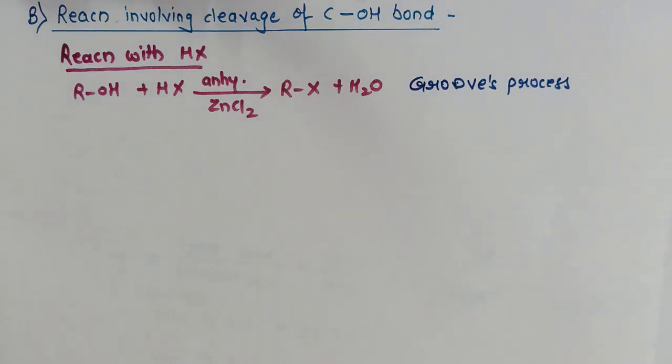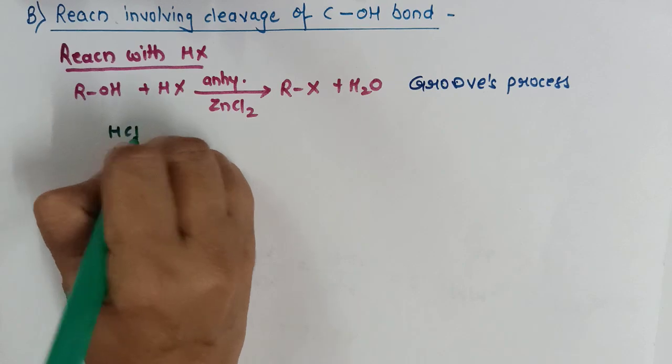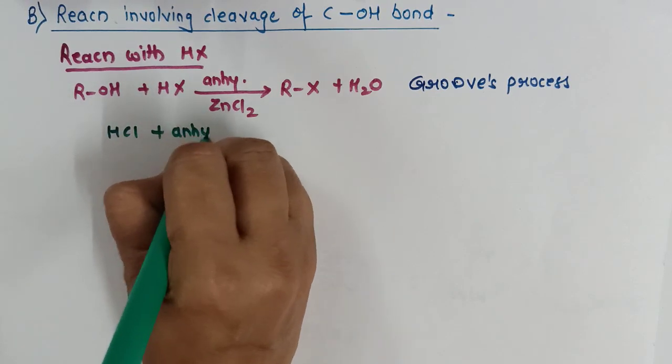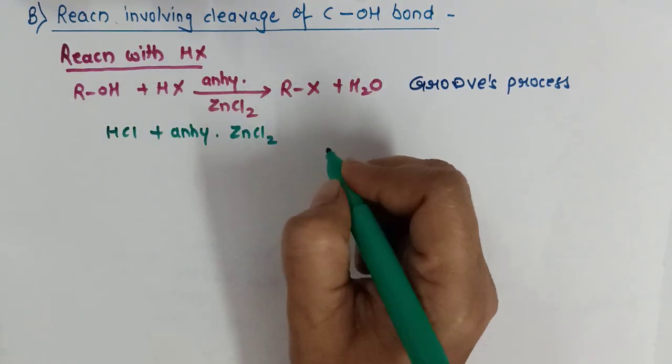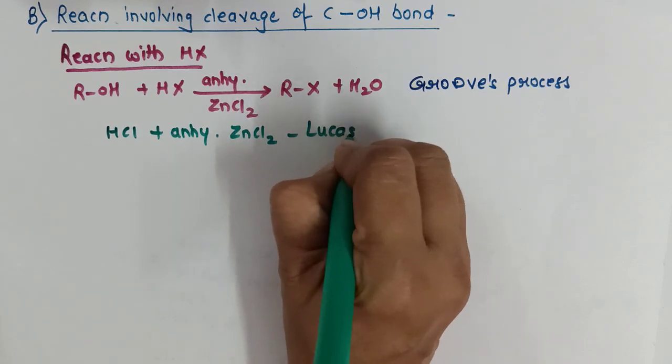We have already seen in the last chapter, haloalkanes, that HCl and anhydrous ZnCl2, this reagent is known as Lucas reagent.